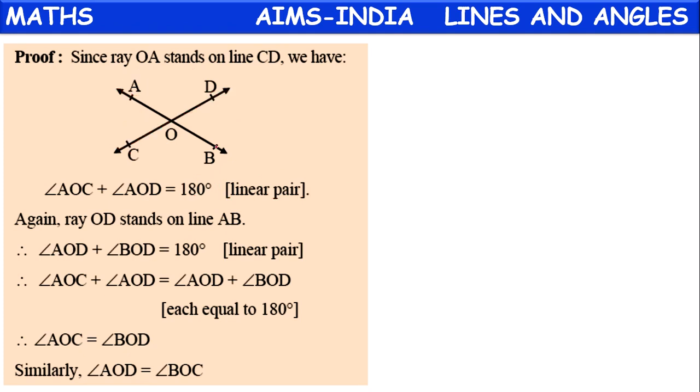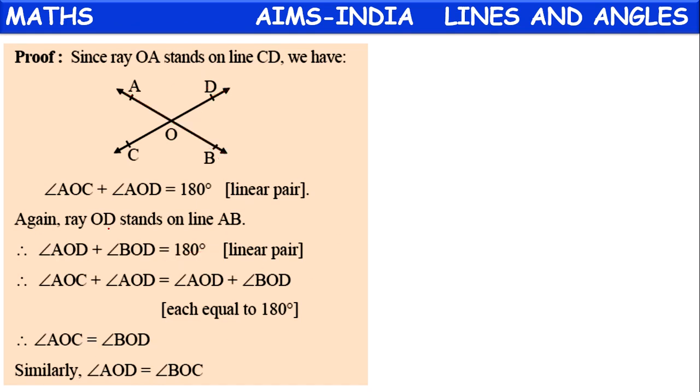Again, ray OD is standing on AB. So for the line, all the angles on the above side of AB sum to 180 degrees. So AOD plus BOD equals 180 degrees. This is also because of the linear pair.